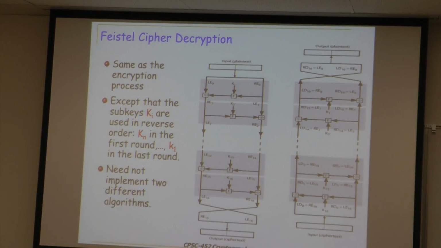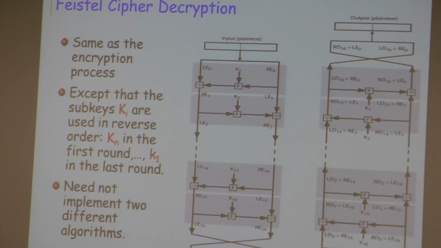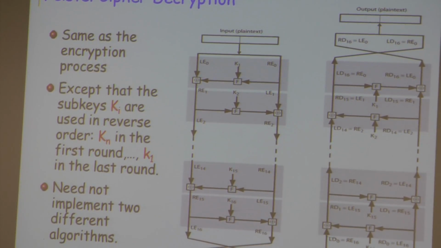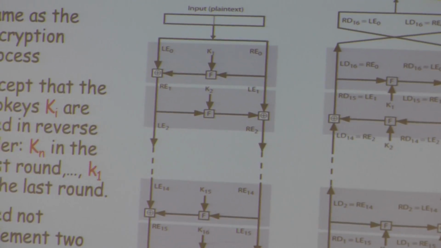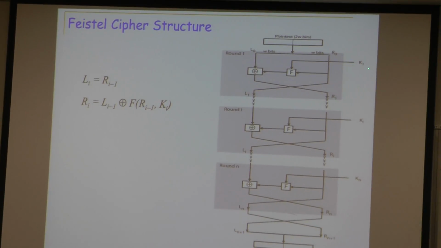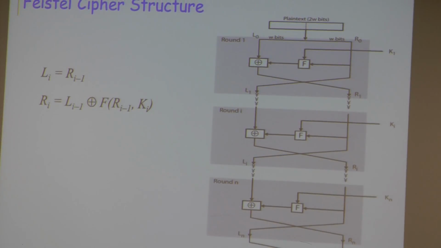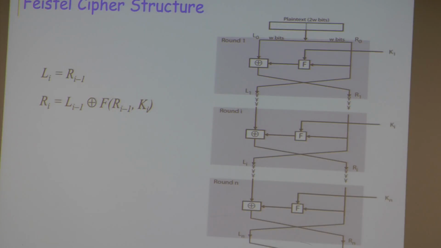Now, one nice thing about the Feistel cipher is that encryption and decryption are pretty much the same. The algorithm is exactly the same. The only difference is that in decryption, I reverse the order of the keys. In encryption, in the first round, I provide K1, in the second round, K2, etc. In the nth round, Kn. In decryption, I do it the other way around.